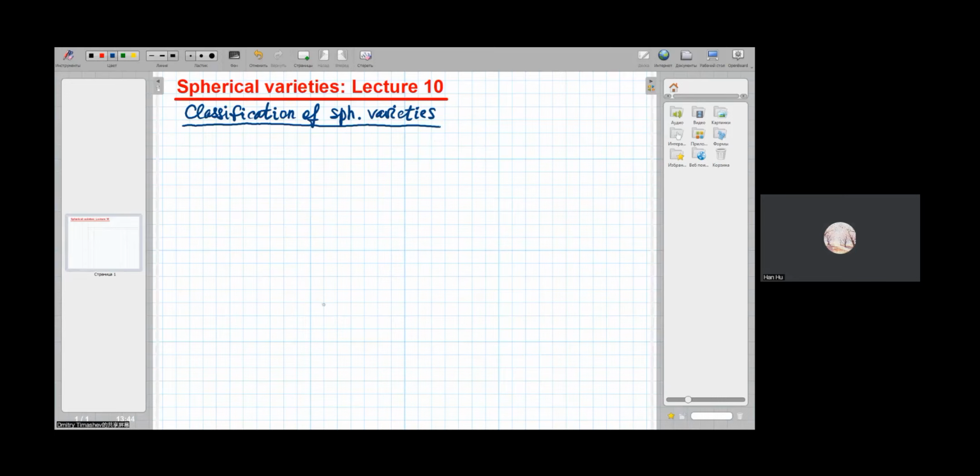The problem which I address is the following one. So let Y, or maybe Y naught, be a given spherical homogeneous space. So it is isomorphic to G mod H. It is a given spherical homogeneous space.